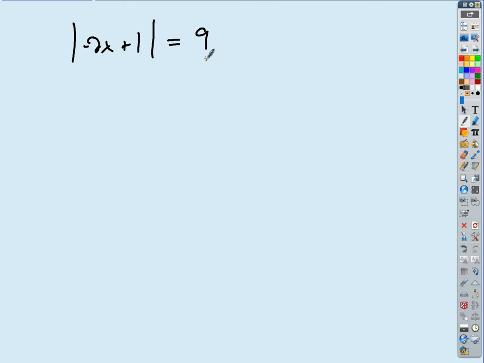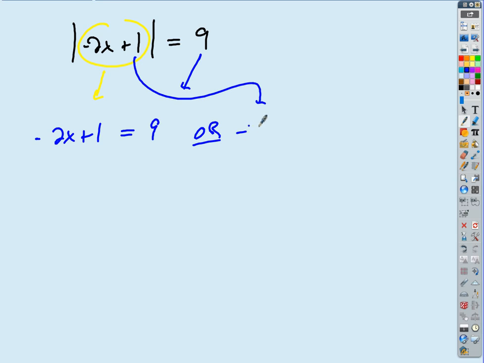So when we get it to this point where we've isolated the absolute value, then here's how we make that substitution. Remember, we're always going to say, well, whatever the expression is inside, negative 2x plus 1, it either has to equal 9 or it equals negative 9, and we just solve those two equations.